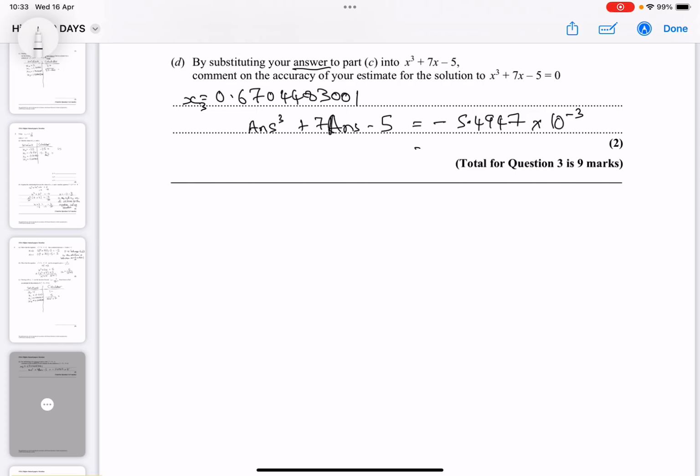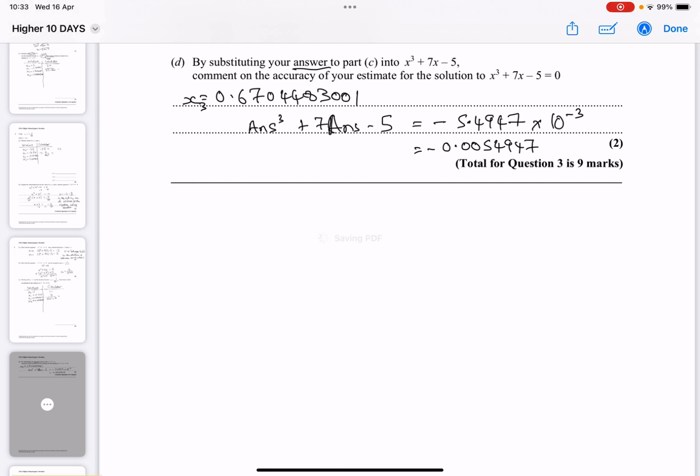So if I wrote that out, that is minus 0.00544947. Okay. Comment on the accuracy. How close is it?